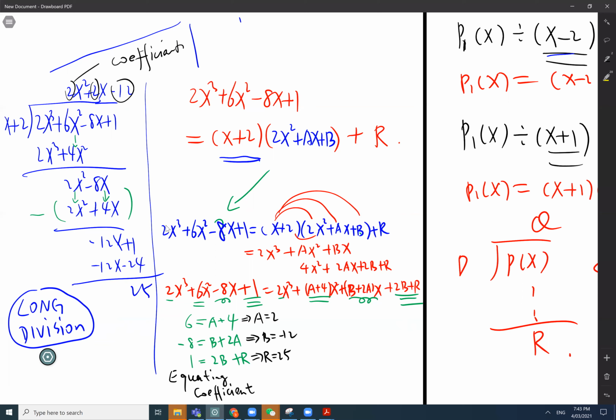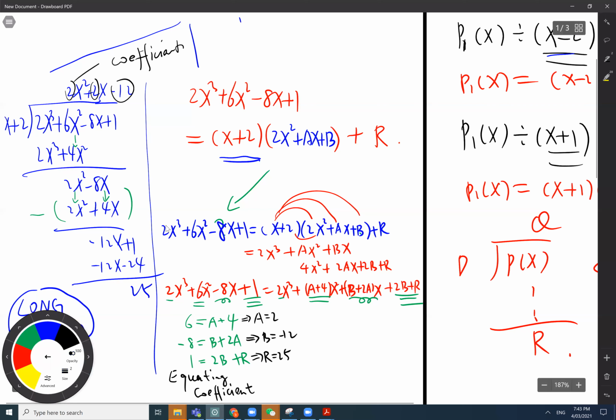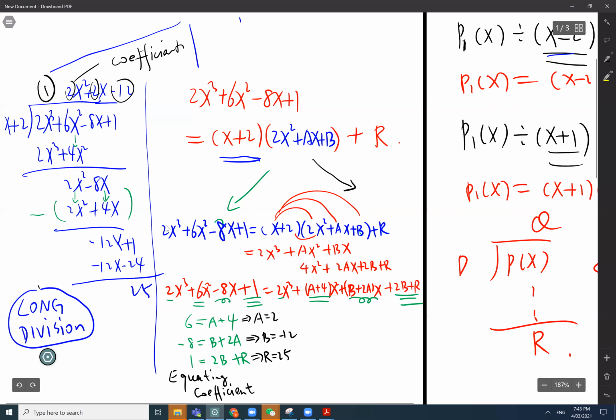Okay, that's how we got R. Oh, we even got A and B. So the easy way, the third way.